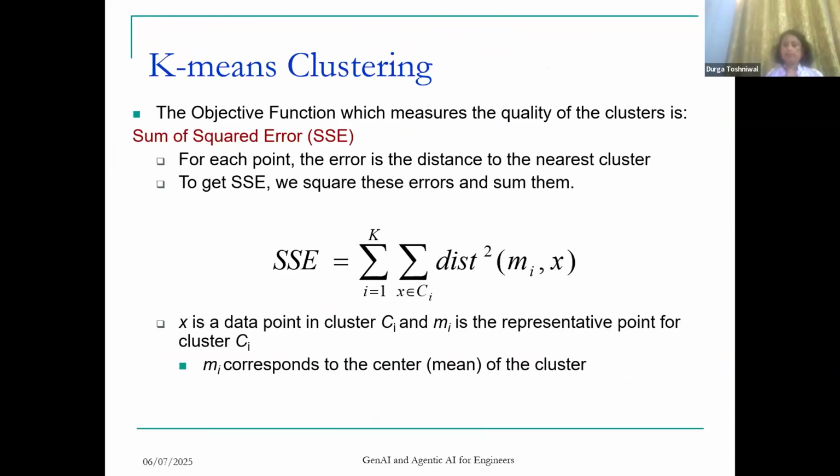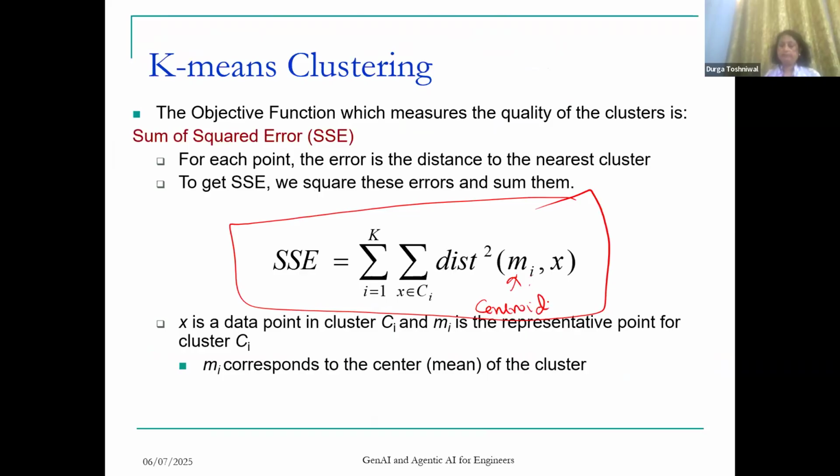Okay. So this is what your sum of square error looks like. If you are talking about some ith cluster, this is the centroid, or the center point, or the mean of the ith cluster. This is any point x inside the cluster i. What we try to do is find out the distance between the centroid and all other points.